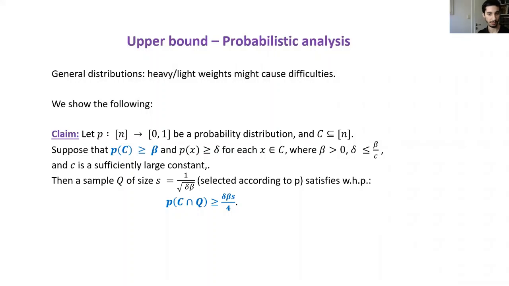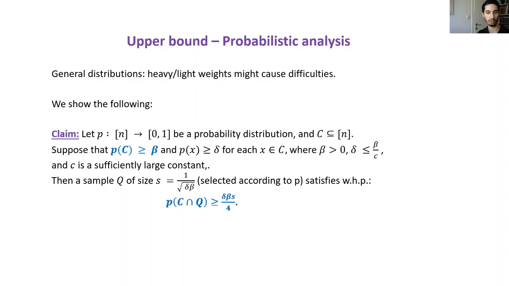Let P be a probability distribution, and let C be a subset of indices. Suppose that the weight of C is at least beta, and the weight of each index in C is at least delta, where beta is positive and delta is at least beta divided by some sufficiently large constant.